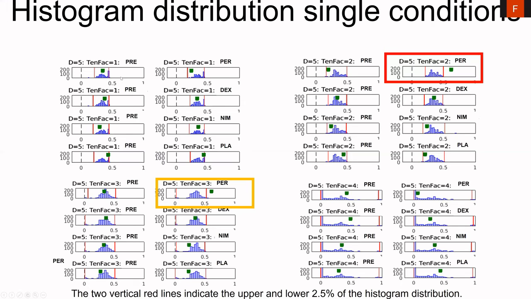What is reassuring is that for the pre-drug, the master component always falls within the borders of non-significance. And same for placebo, pre and post, all of the 4 components. And this is already a good sanity check.